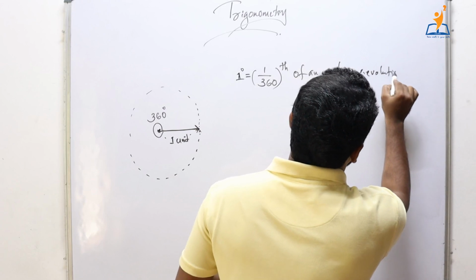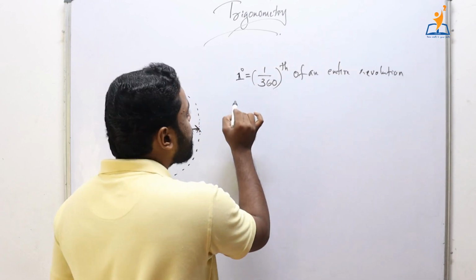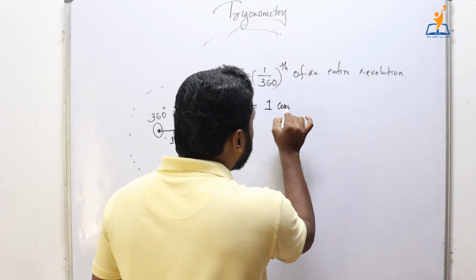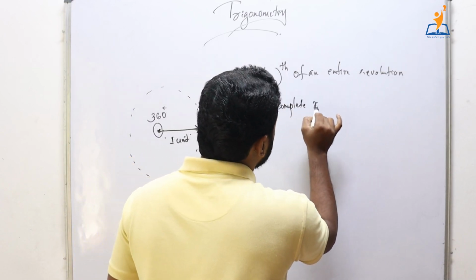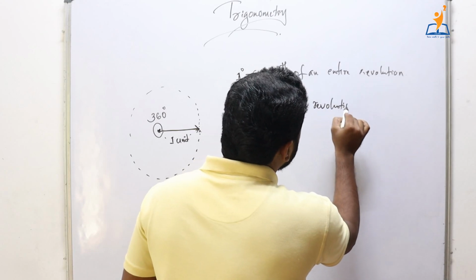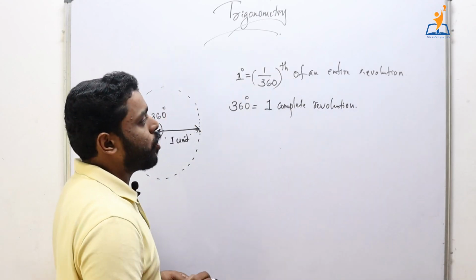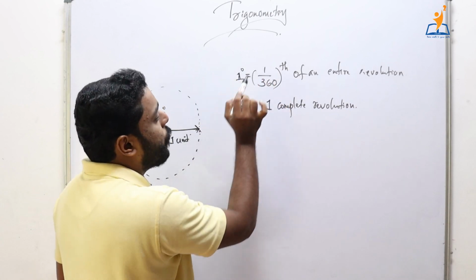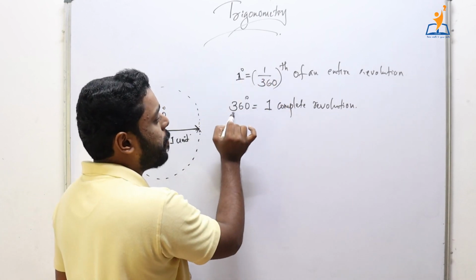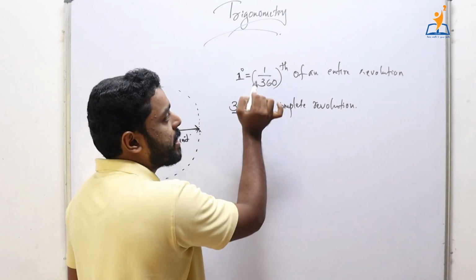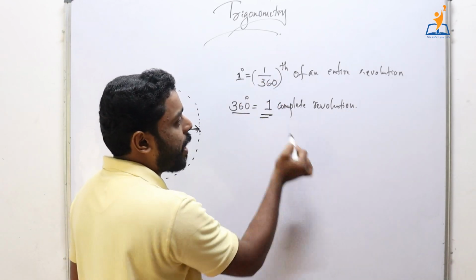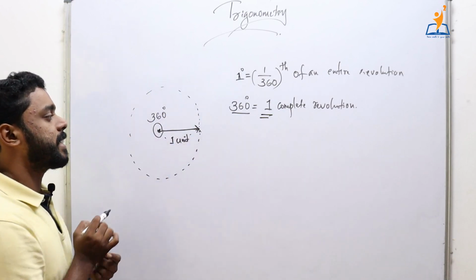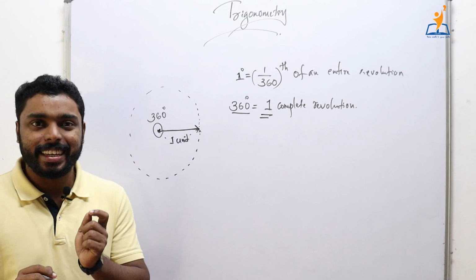So it is clear that 360 degrees is equal to 1 complete revolution. If you multiply the left hand side and right hand side by 360, here it will become 360 degrees, here it will become 360 by 360, equal to 1 complete revolution, which means that 1 complete revolution is nothing but 360 degrees, isn't it?